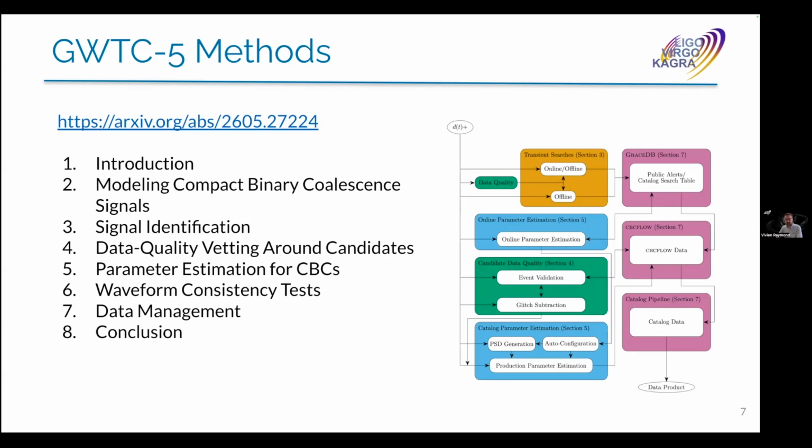Here is just one of the figures of the paper showing our rough box-shaped flow from the data to the data product that is being described in quite some detail in that methods paper. This is the paper one should go to to find the relevant references to the specific methods that were used, but this one provides an overview of all the methods together. And with that, I will leave it to Leo Tsukada to talk about the GWTC-5 results paper.